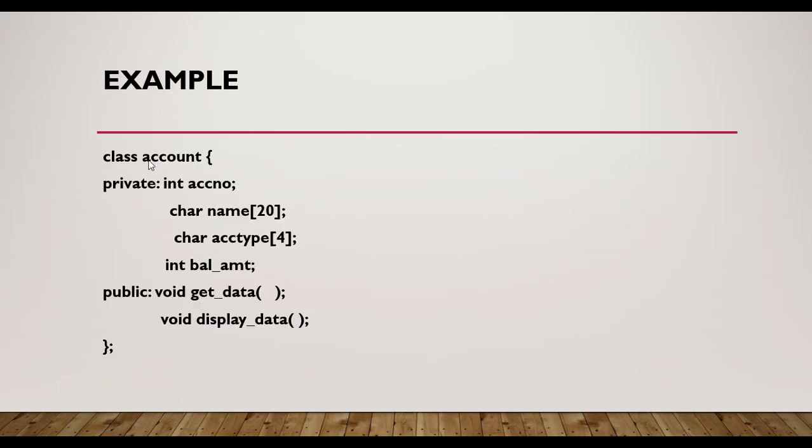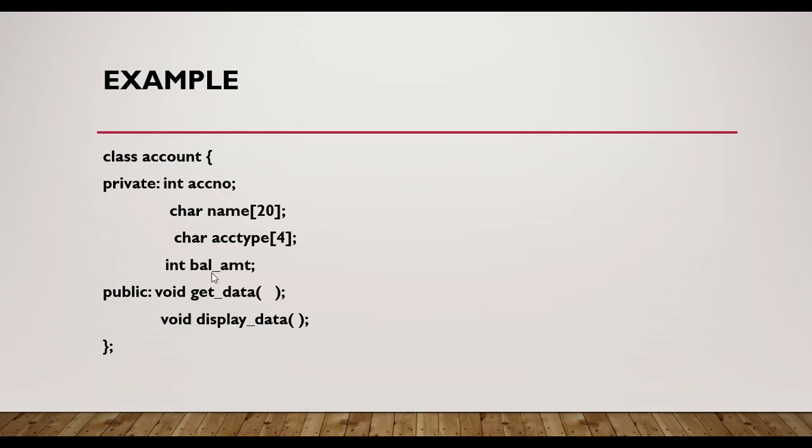For example, if we take class account, class is a keyword, account is the user defined name. You open a bracket, then private: int account number, char name, char account type, int balance amount. All these are the data members. And under public you have void get data, void display data.